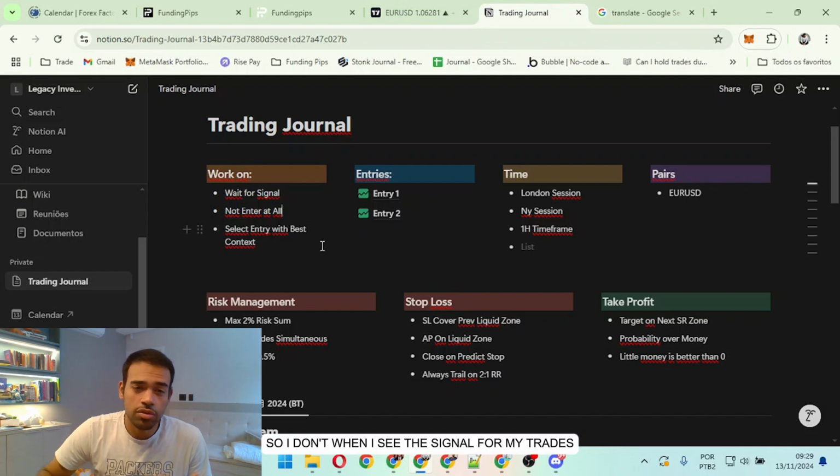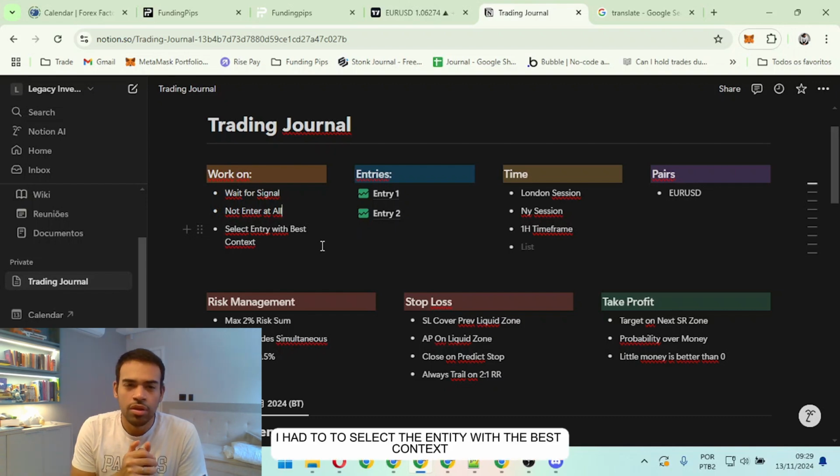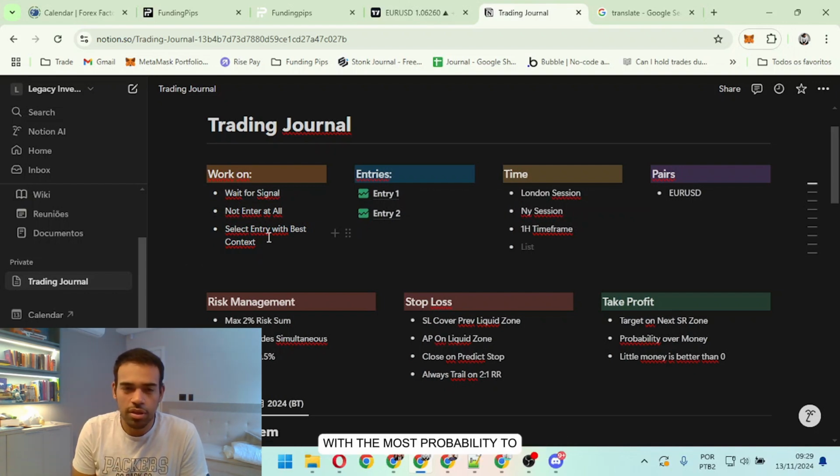When I see the signal for my trade, I don't need to open a trade. I have to select the entry with the best context, so I have two signals selected with the most probability to make it right.